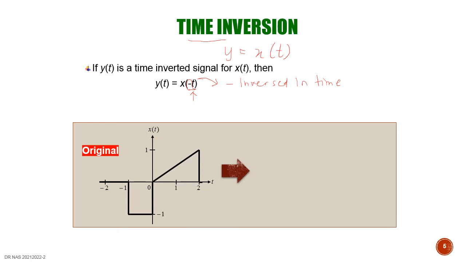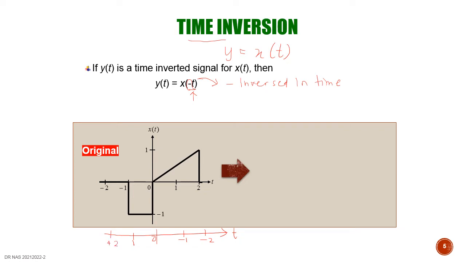If you draw the axis, this is t. Now 2 becomes minus 2, 1 becomes minus 1, here is 0, minus 1 becomes positive 1, and minus 2 becomes positive 2.